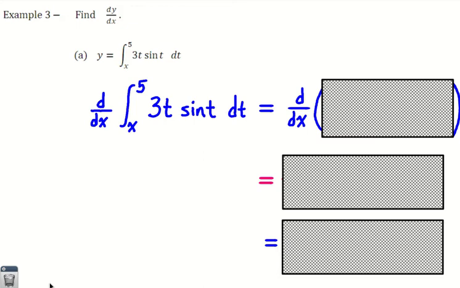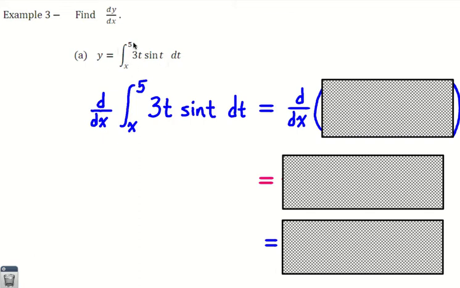Now let's see another type of scenario. What do you notice about this? What do you think is different? What do you think is new and weird about this example?